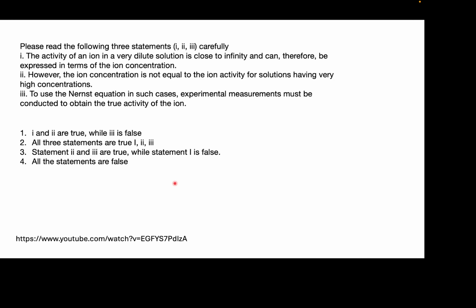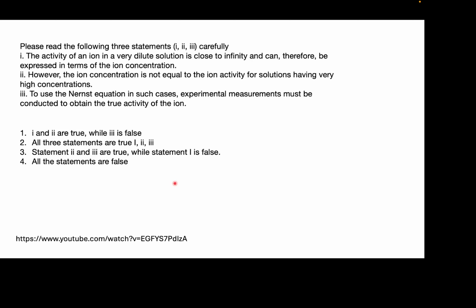So what our question says is: read the following statements and then see which statement is true or false. Our first statement says the activity of an ion in a very dilute solution is close to infinity and can therefore be expressed in terms of the ionic concentration.